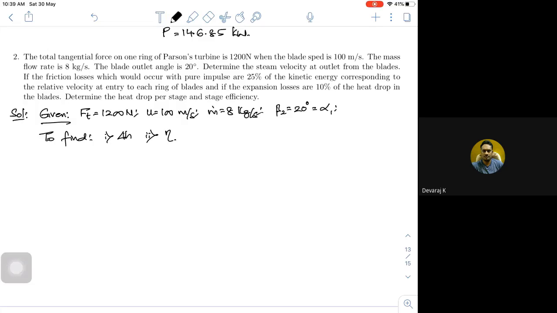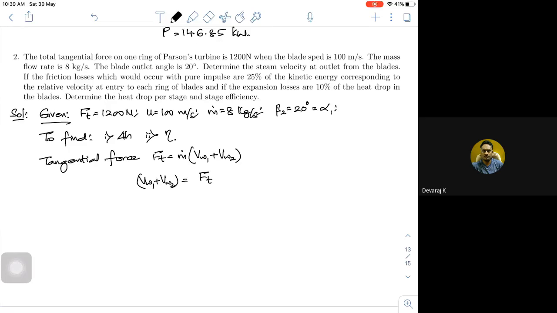Now, what is your tangential force? The tangential force Ft is given by mass flow rate into Vw1 plus Vw2. Tangential force and mass flow rate are given. I can easily find Vw1 plus Vw2 is equal to tangential force divided by mass flow rate.